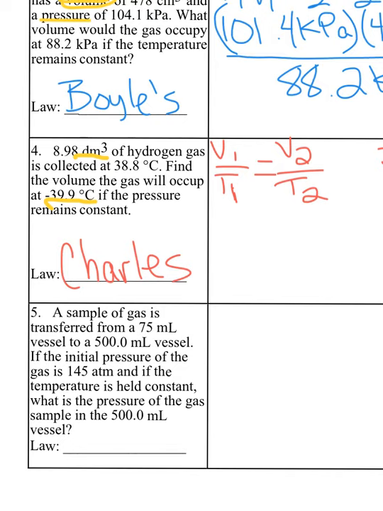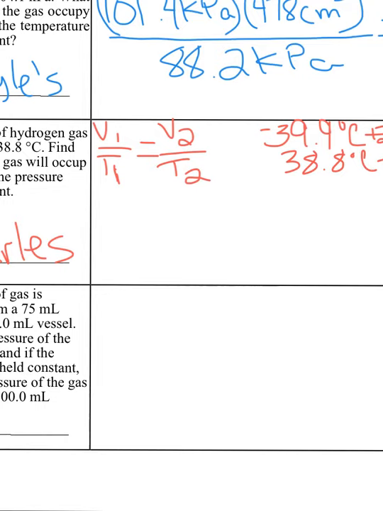Now, we need to rearrange this equation to find the missing variable. Find the volume the gas will occupy at negative 39.9 degrees Celsius. So we're looking for V2. Rearranging the equation to get V2 by itself, all we're going to do is bring T2 over to the other side.